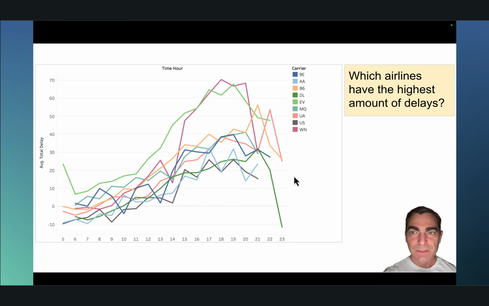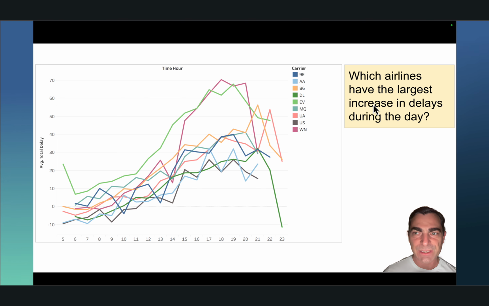Interesting. Question 2, which airlines have the highest amount of delays? Well, now this is super obvious, right? I don't even need to think about it. These two up here, they are the tallest. These have the highest amount of delays overall. Very easy. Next one, which airlines have the largest increase in delays during the day?